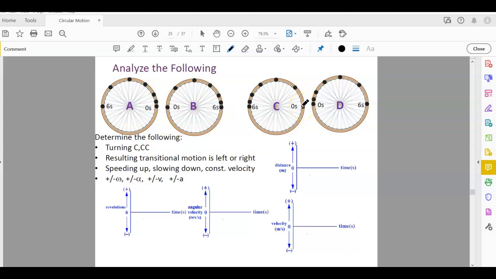This wheel, C, is rotating counterclockwise and slowing down over 6 seconds. D is going to be speeding up, rotating clockwise over 6 seconds. So you could try graphing these and doing those on your own or in class.